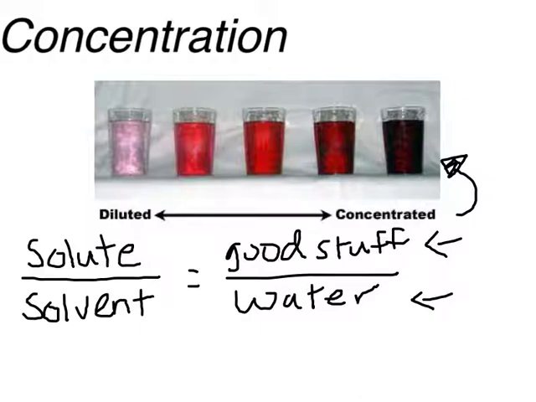Now, if you have one of those moms that thinks that Kool-Aid is way too sugary, and they always mix it using twice as much water as they should, then you're going to get something with a lower concentration, sometimes said to be diluted. You have more water or solvent than you have good stuff, also known as solute, whatever is dissolved into the water.